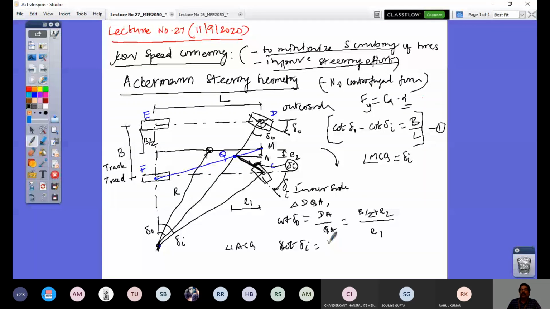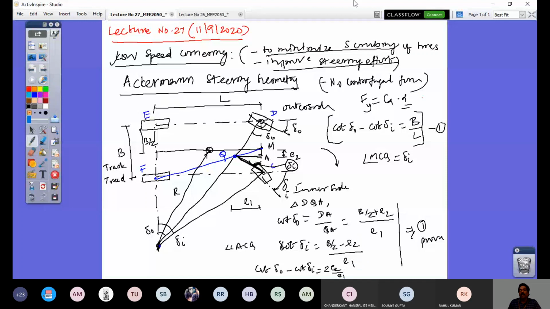So if these two relations are understood from simple right angle trigonometry, you get your relation 1 proved. Substitute them in this, and cot delta naught minus cot delta I is going to be 2 E2 by E1. That's what you get when I substitute.